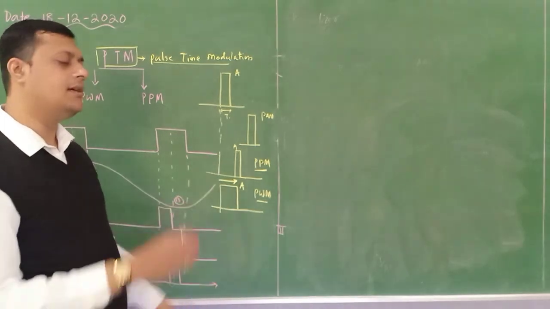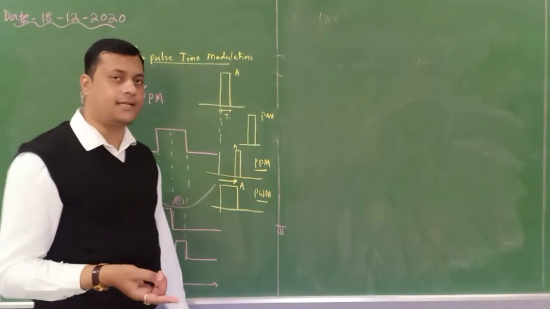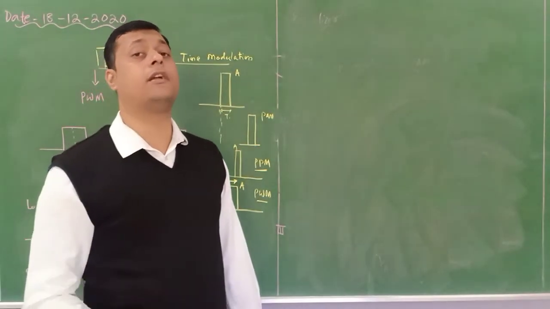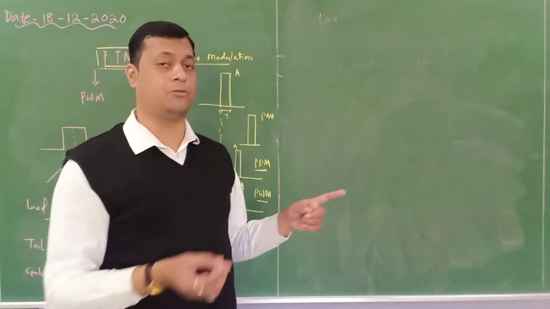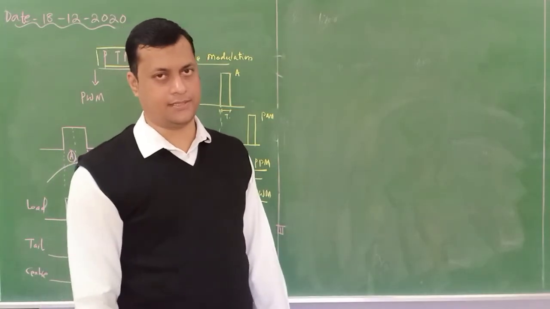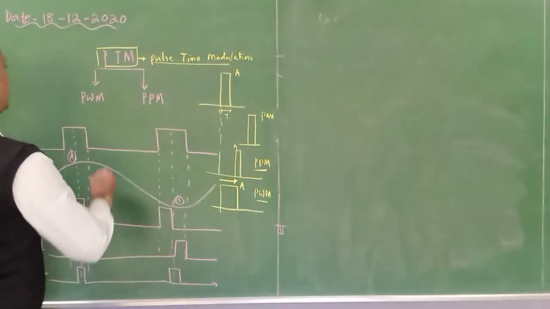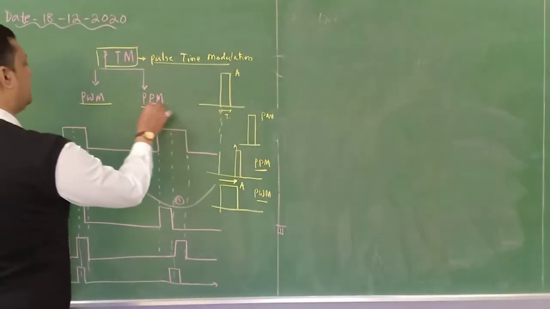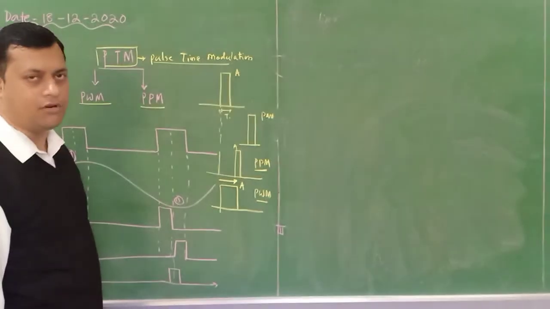Pulse time means that, according to the given message signal, the time of a particular pulse changes, either with respect to position or with respect to width. First we will discuss pulse width modulation, then pulse position modulation.